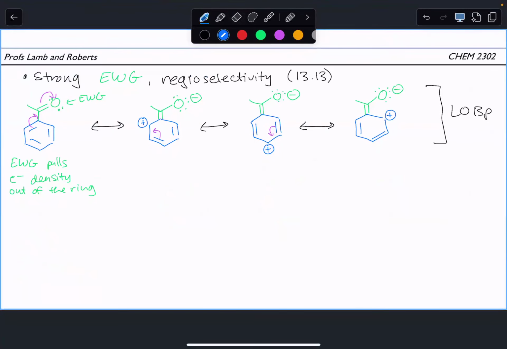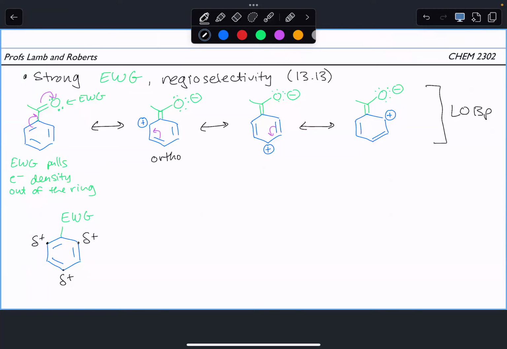So what does this mean? Once again, we can think about generically, when we have an electron withdrawing group, our ortho positions and our para positions have delta positive, because that is where the positive charges are in these resonance structures.